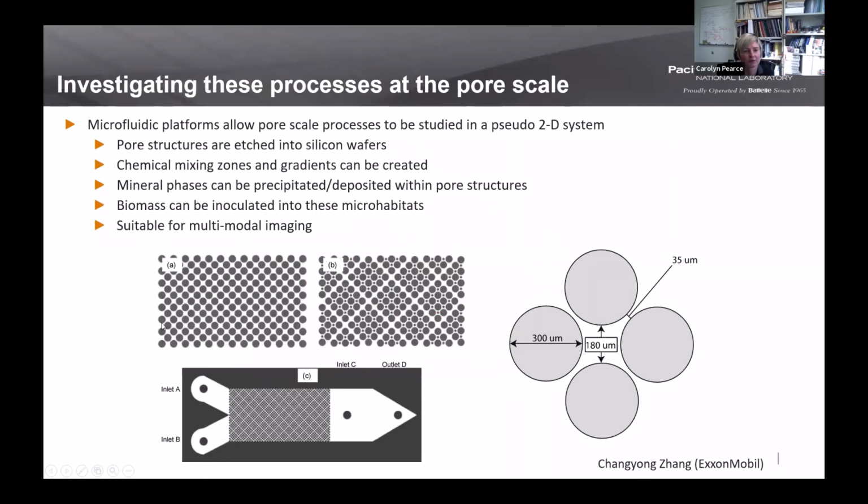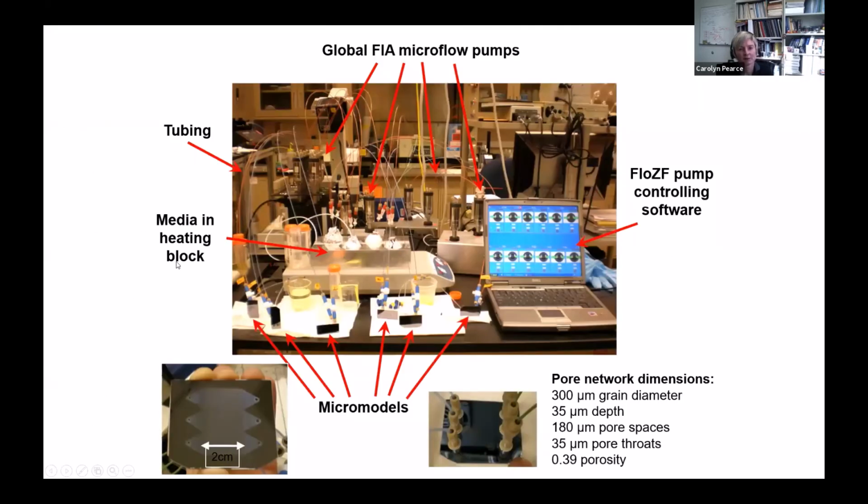And we wanted to put those organisms in a pore-scale environment that we could control. And these microfluidics devices that allowed us to do that were the brainchild of Changyong Zhang, who's now at ExxonMobil, who made these microfluidics with a defined pore structure that allowed us to look at the influence of that structure on the processes. This is what the setup looks like.